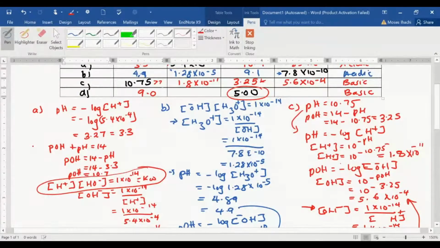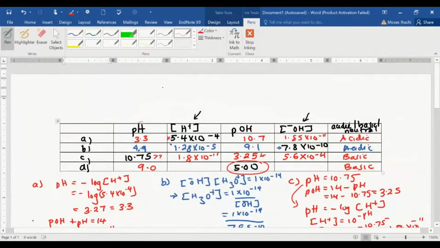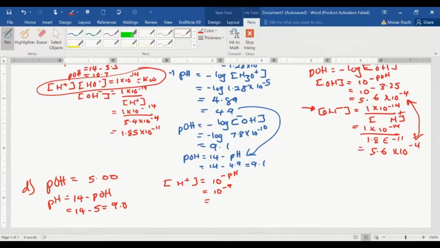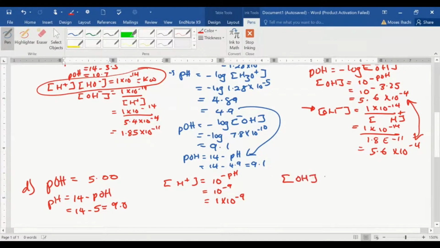So next, we find the concentration of the acid and the concentration of the base. If I am to find the concentration of the acid, it's going to be the antilog of negative pH, which is the antilog of negative 9. The answer is 1 times 10 to the power minus 9. To find the concentration of the base, it is the antilog of negative pOH.